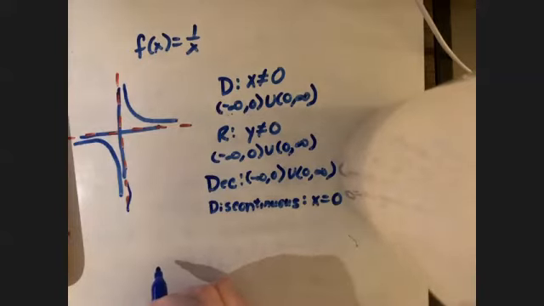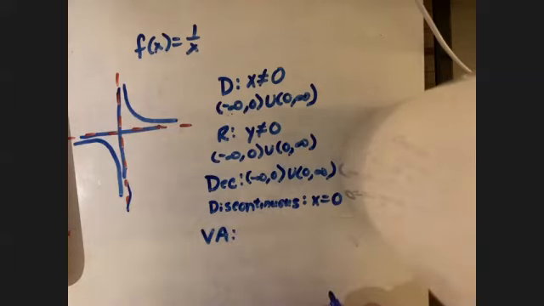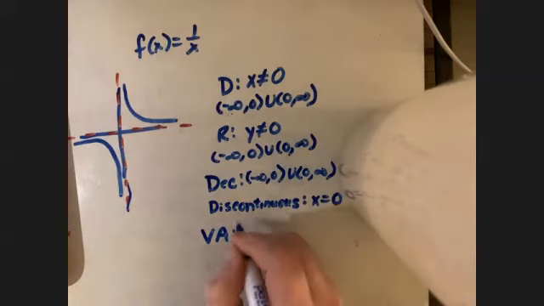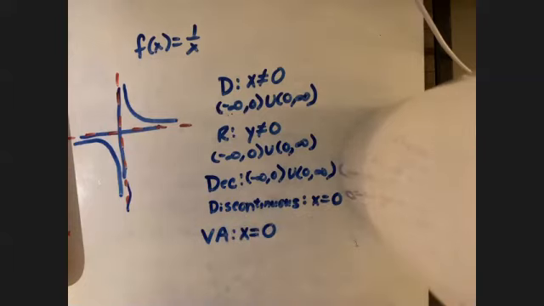We do have a vertical asymptote, and these do need to be written as equations of lines. Since it's a vertical one, it's of the form x equals, and it is at 0. We also have a horizontal one on the x-axis, which is at y equals 0.